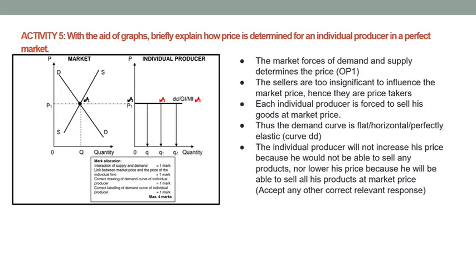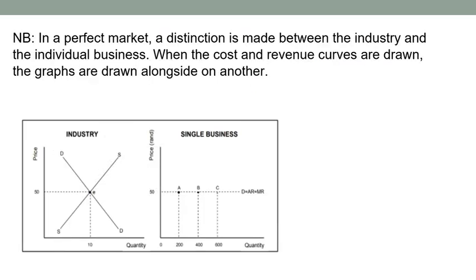Right, that brings us to activity 5. Activity 5 says, with the aid of graphs, briefly explain how price is determined for an individual producer in a perfect market. Okay, now I need you to just look here for a moment.